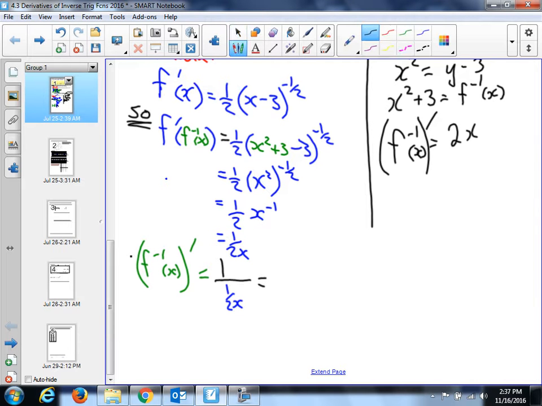And is this the same as the other one? Yes, you flip it, the reciprocal of what you're dividing by. So 2x. It is the same as this. Now, I just wanted you to see what each part means. You have to figure out the derivative with the inverse plugged inside it. Now, we'll be using charts sometimes.